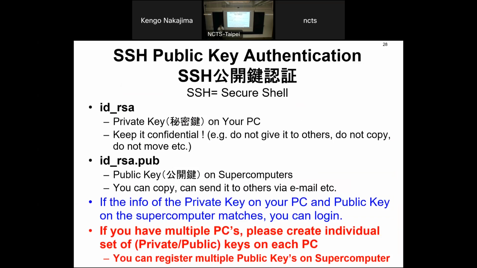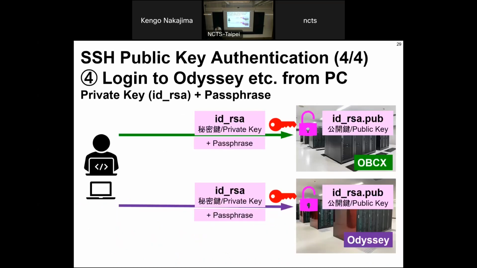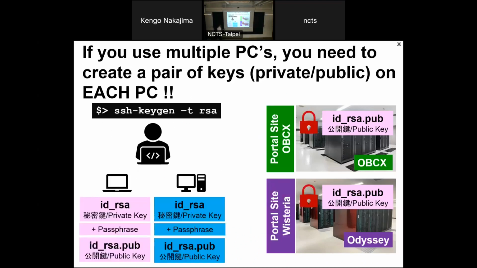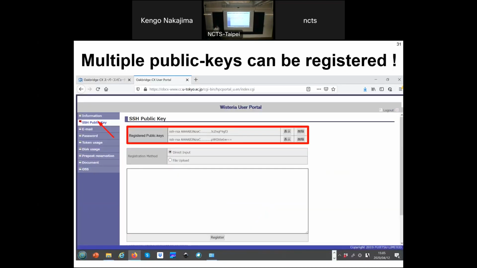So you can review the materials, the procedures, and please create another set of keys and register them. For example, this is my page, and you can see I registered 2 sets of keys. In this case, the system finds one of the matching keys. And if the keys match in one of these, it's okay. Like this.